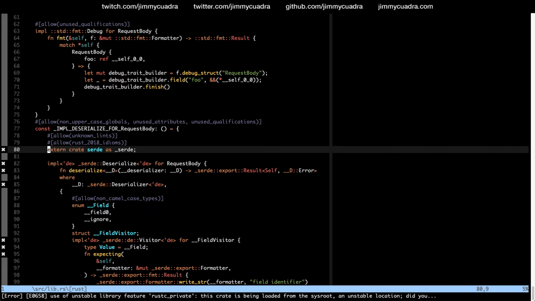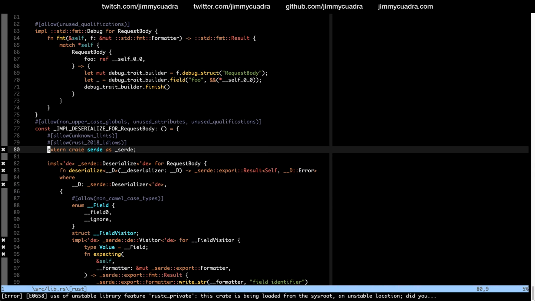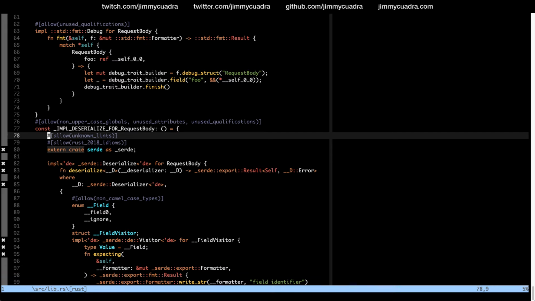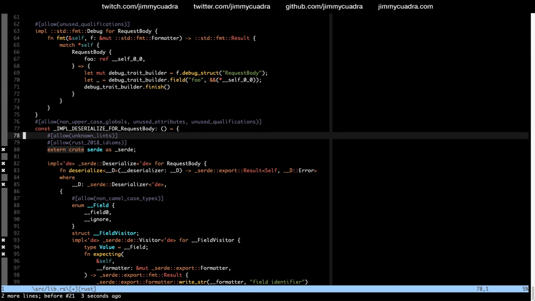That's annoying. Wait, what is it? Use of unstable library feature rustc private. Why in the world is it complaining about rustc? Oh, maybe it's because of these lints? Let's try that. Allow unknown lints.